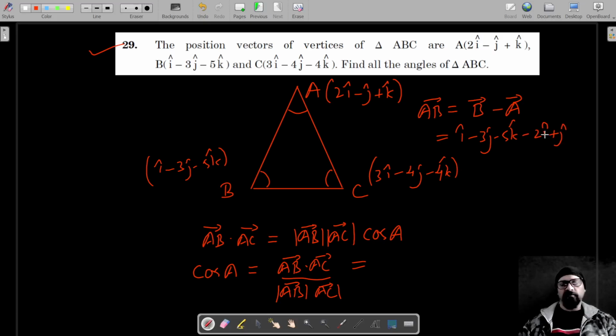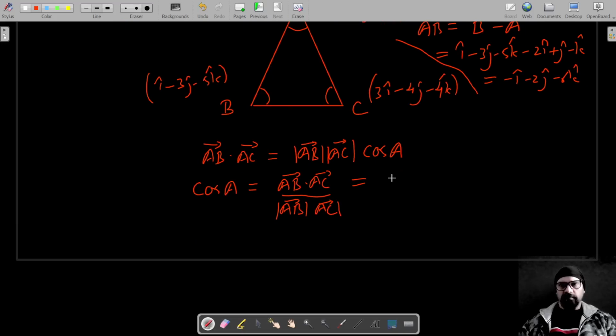I'm going to subtract these two position vectors, which gives me negative i cap, negative 2j cap, and negative 6k cap. So the AB vector is negative i cap minus 2j cap minus 6k cap.